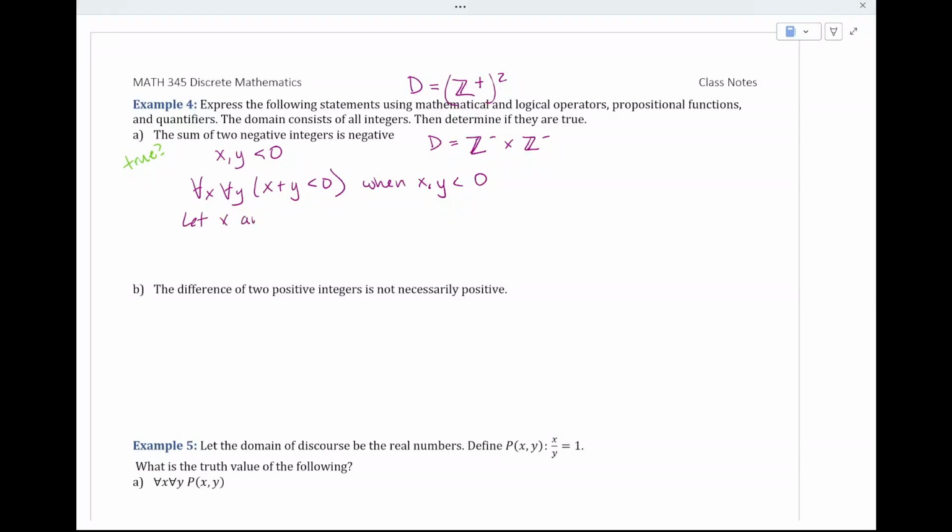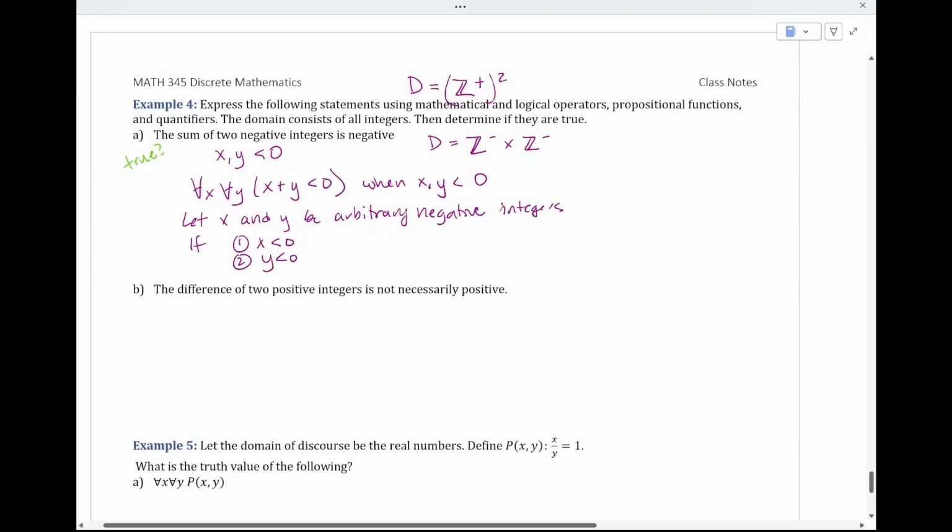Let x and y be arbitrary negative integers. That's what I'm supposed to do. Start off with something that I know. If x is less than 0 and y is less than 0, let's add y to both sides of number 1.